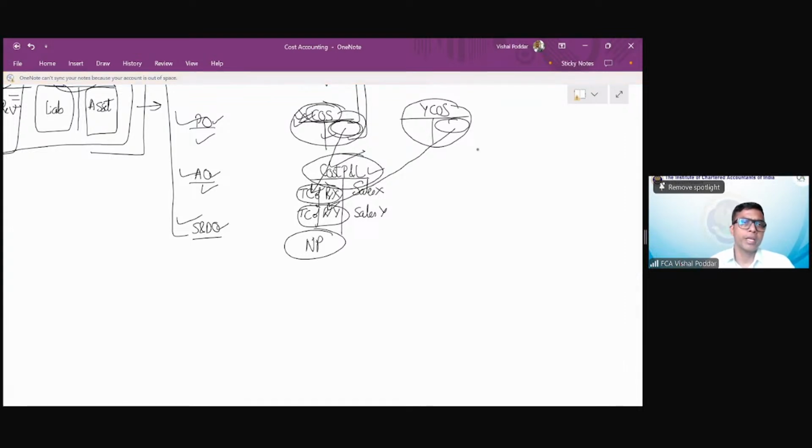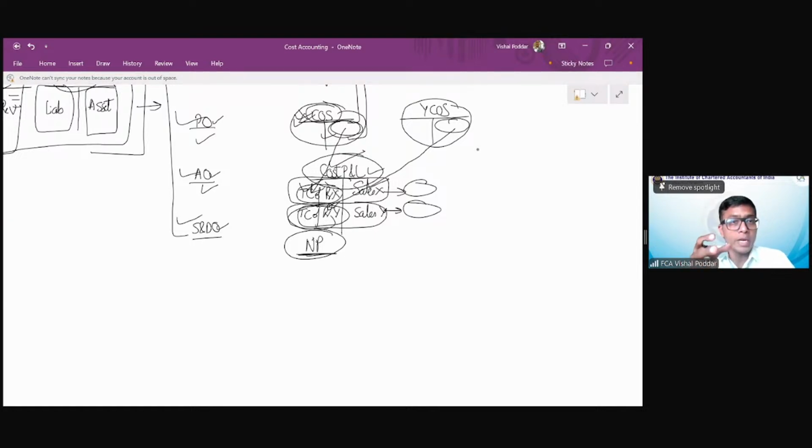We will not be finding out the balancing figure product wise. Here you can see both the things for each product, the total cost and sales. So you can individually identify what is the net profit of this product. Similarly, you can identify what is the net profit of this product from this P&L. But here the balancing figure that will come will be of all products combined.